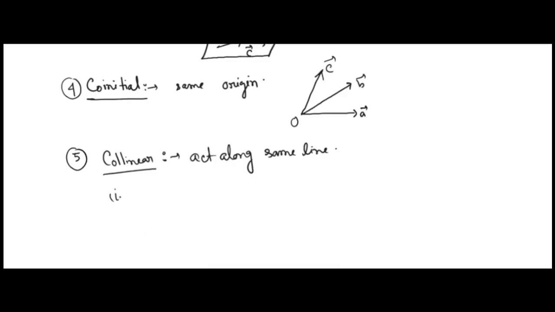When two collinear vectors act along the same direction, they are called parallel vectors. That means a vector and b vector are acting along the same direction.